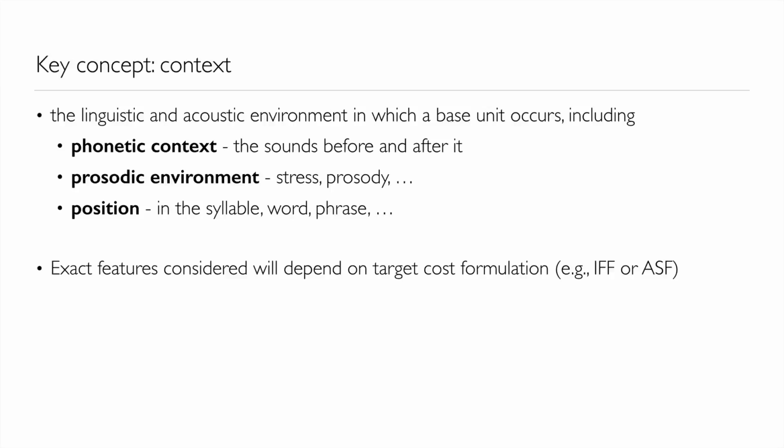It's whatever the front end might produce and whatever we might derive from that, such as these positional things. So the context certainly includes the phonetic context, the prosodic environment, and these derived positional features, and anything else that we think might be interesting to derive from our front end's linguistic specification.